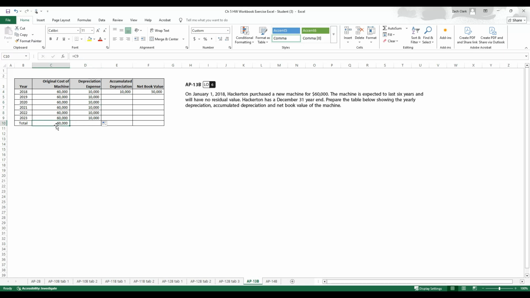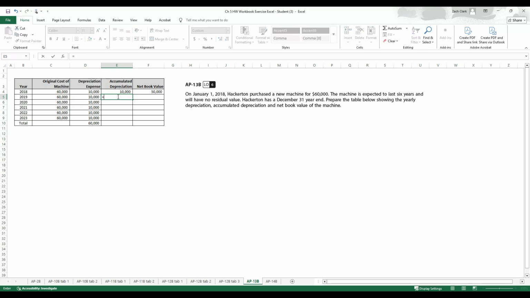I'm going to delete that total out because it's not really a summation of the above. It's just that the cost of the machine never changes. Now we can summarize the depreciation expense, and you can see that after 6 years, the amount of depreciation that we've recorded is equal to $60,000, which is the cost of the machine.